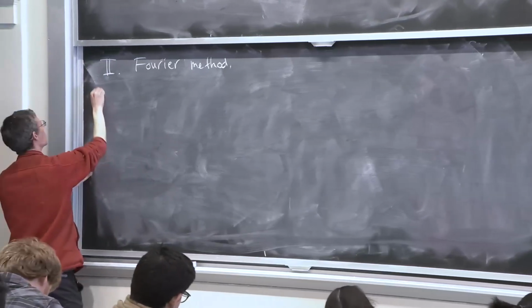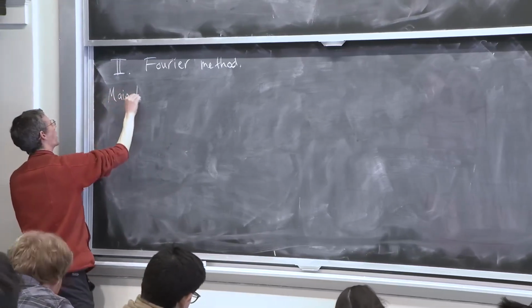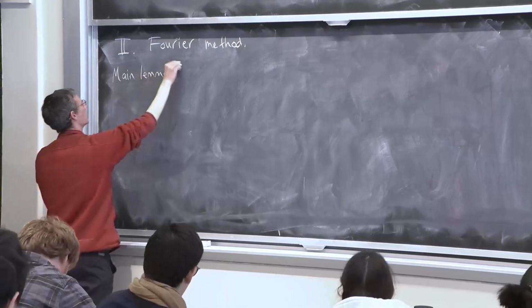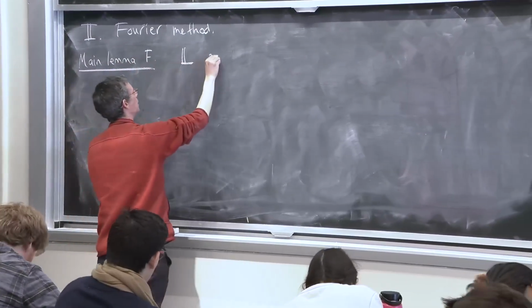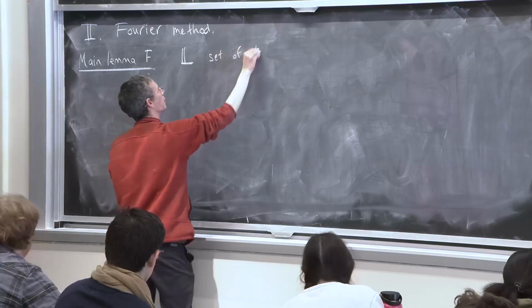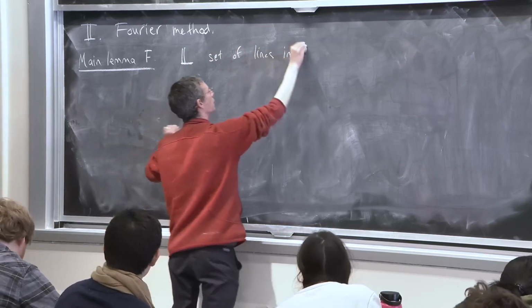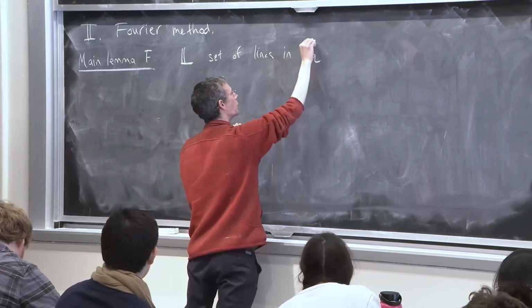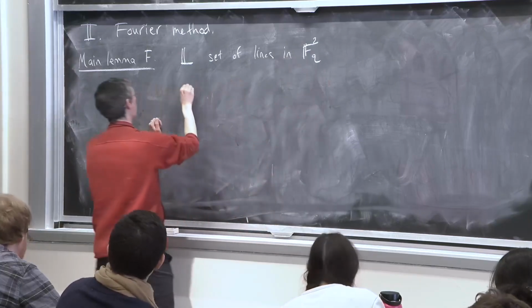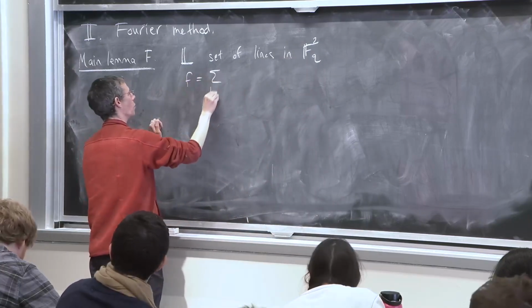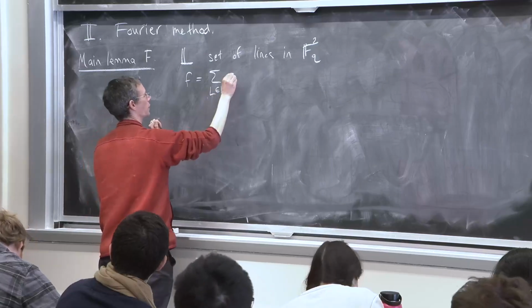OK, so the main lemma that we proved over finite fields is like this. So let's say script L is a set of lines in F_q squared. And F is a sum over all these lines of the characteristic function of the line.